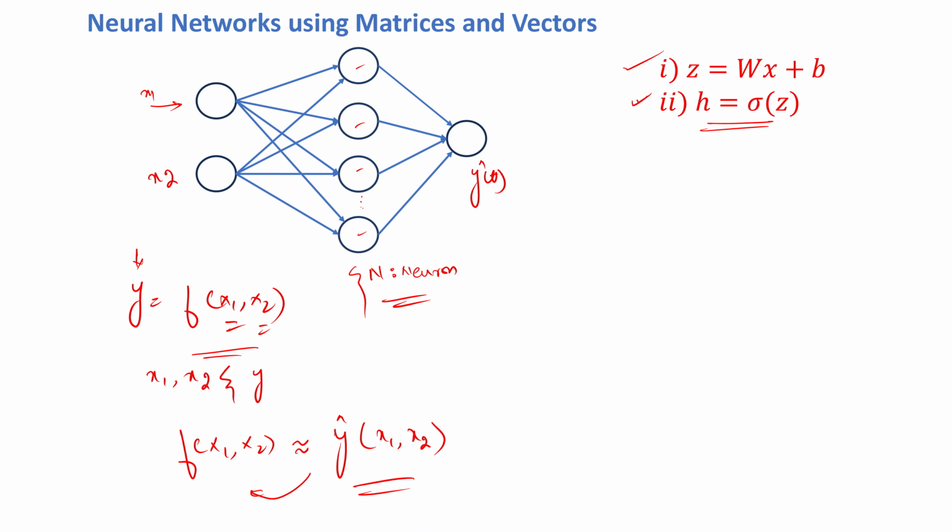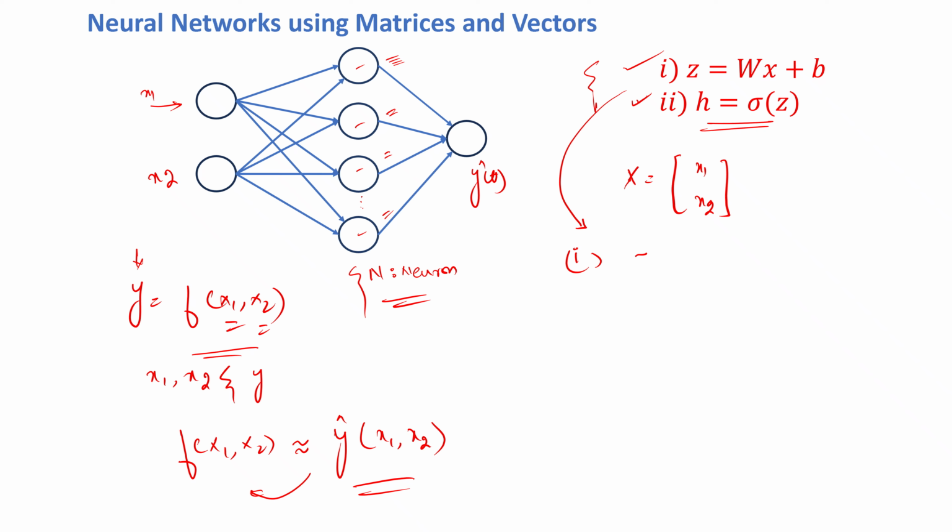Okay, so let's define an input. We have two inputs, so let's define a vector x with two inputs x1 and x2, right? So we know that for each neuron we have two operations, right? So in vector form, I have already written this, but I want to explain it to you because we will be noticing the dimensions of each vector or matrix.